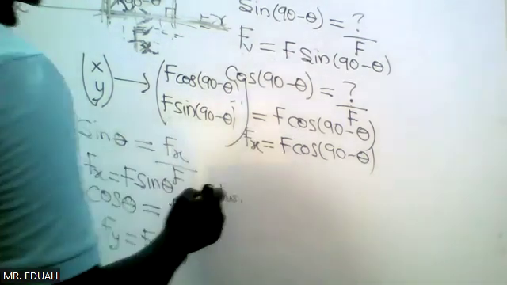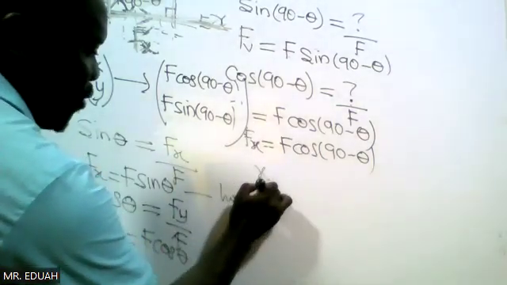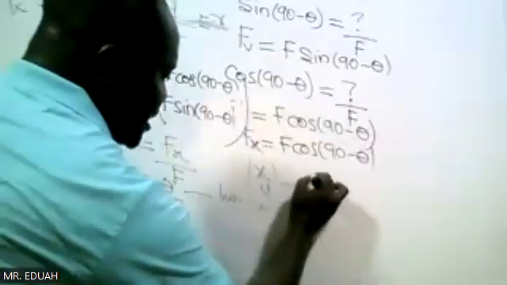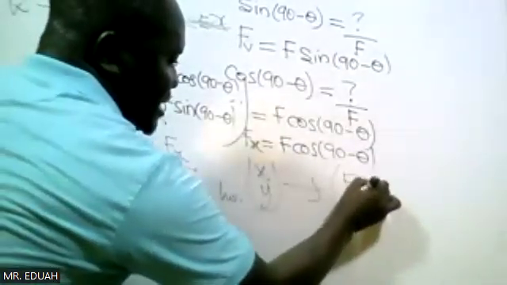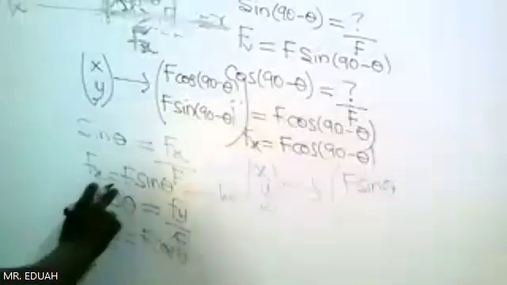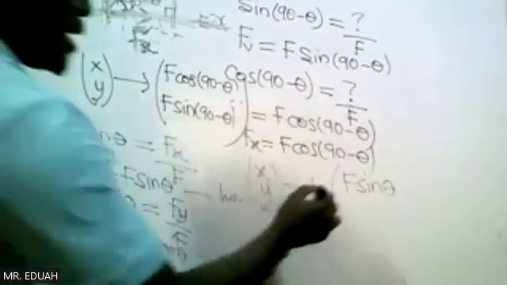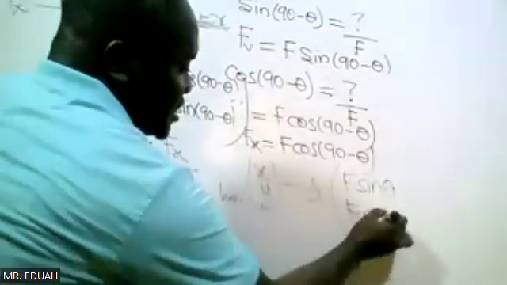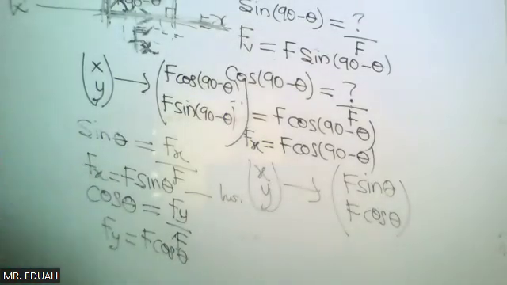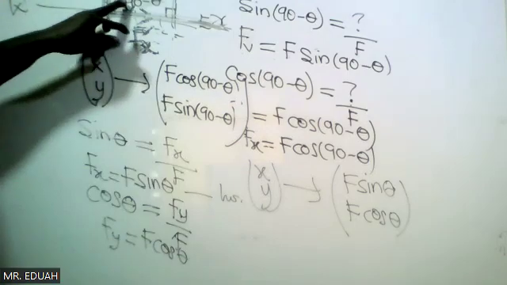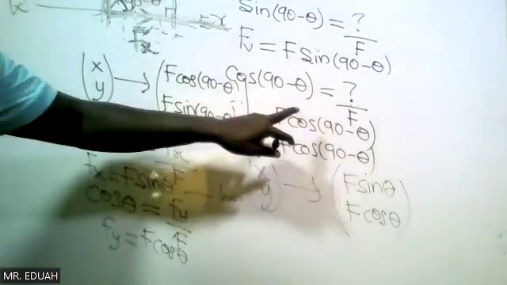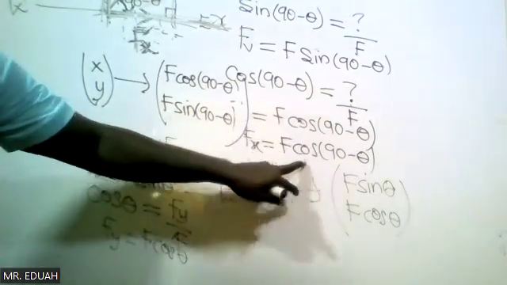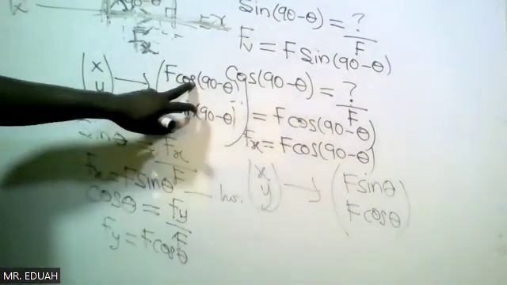Now, with the angle theta, the x and y components become F sine theta and F cos theta. The difference is that when we were using the angle to the x-axis, it was cos, sine.